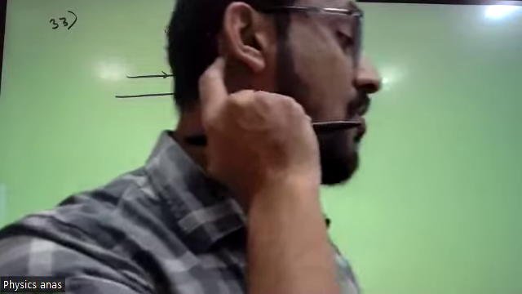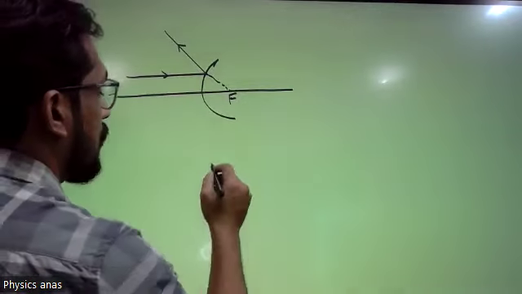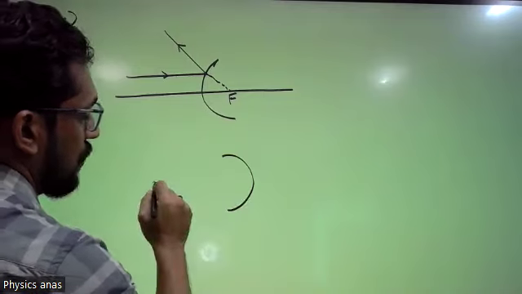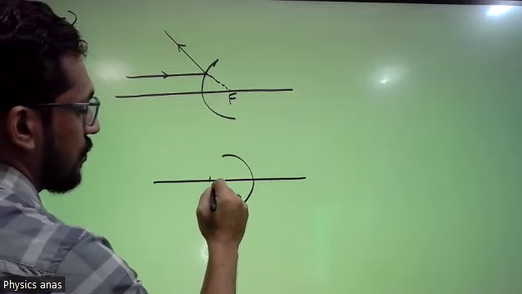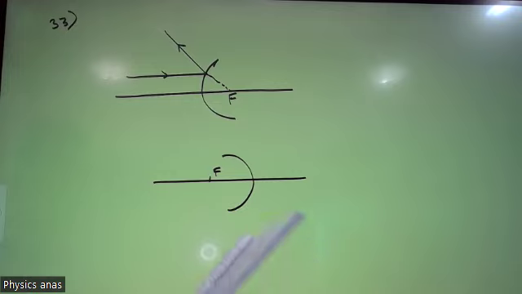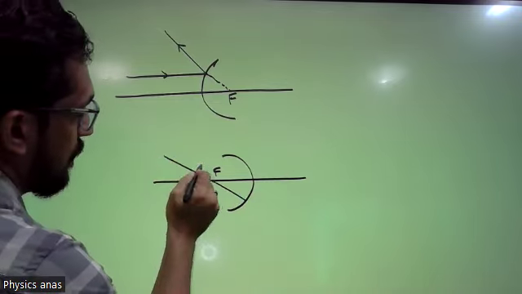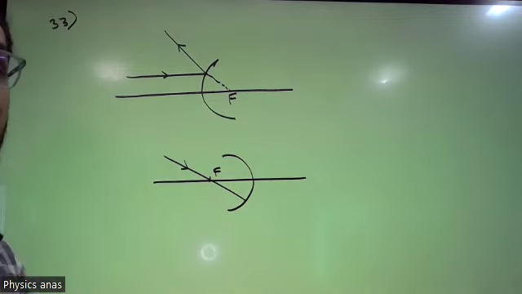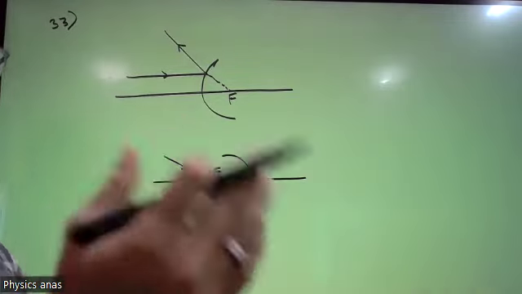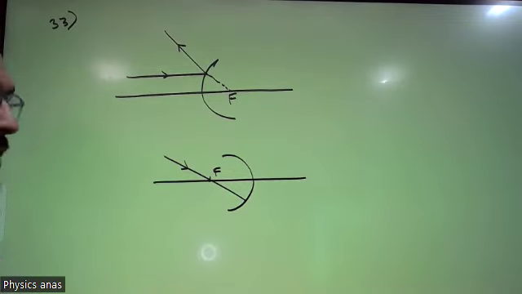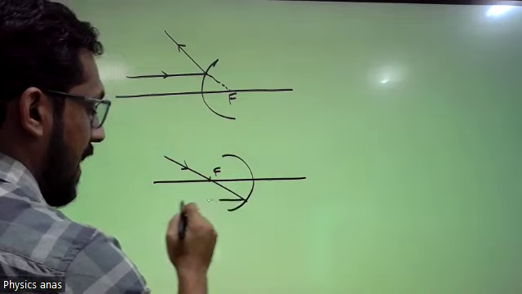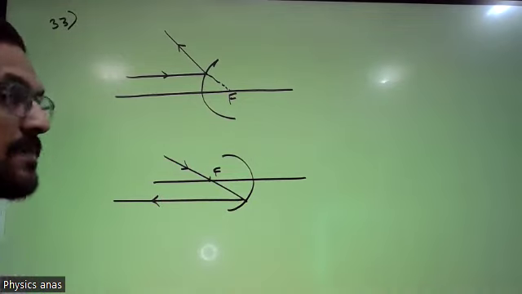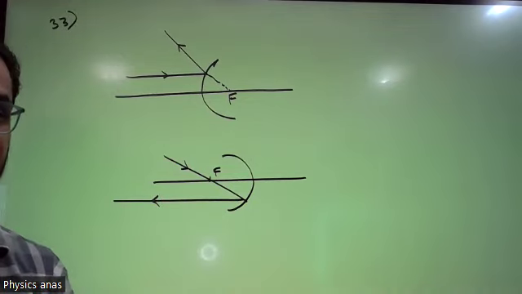The third one is a ray passing through the focus of a concave mirror. What will happen to a light ray passing through the principal focus and hitting a concave mirror? It gets reflected and goes parallel to the principal axis.